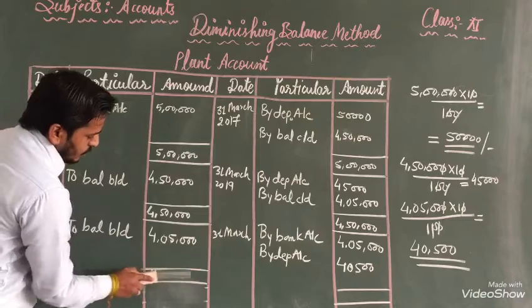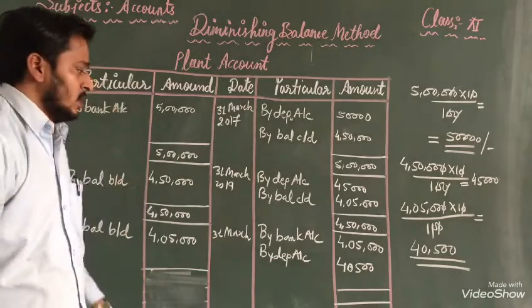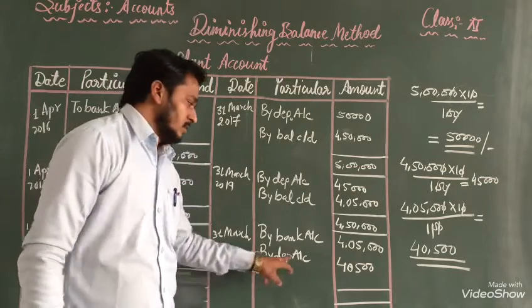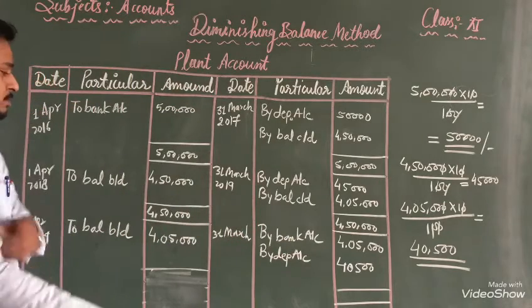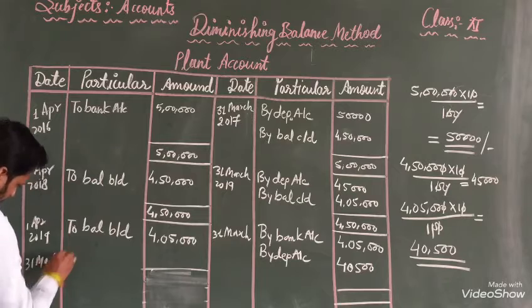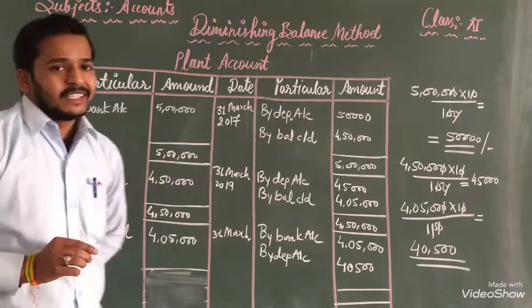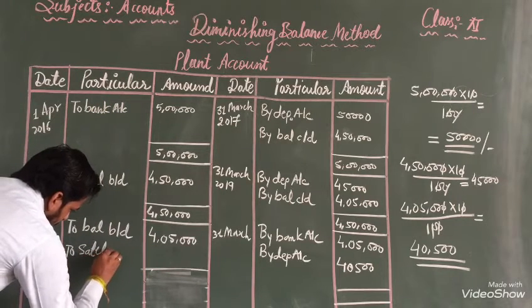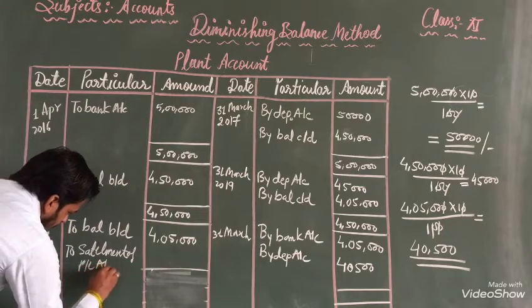Now some changes we will do here. Which changes are we going to do? Before starting that topic, I have told you, when we are getting profit in depreciation, that balance amount we have to write here. For example, on 31 March, to settlement of profit and loss account.